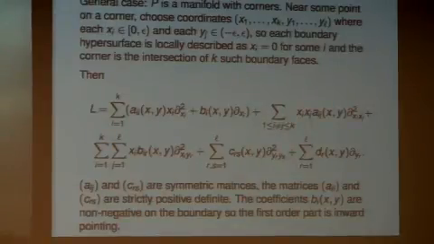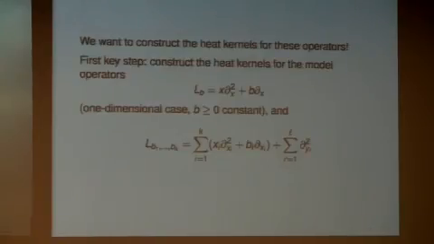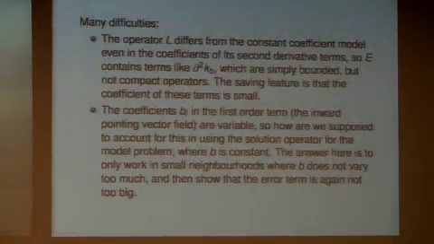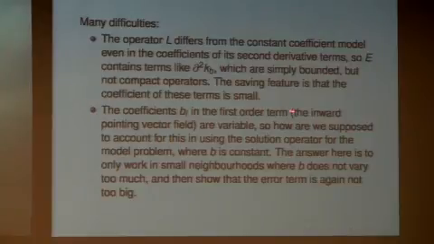So L minus the model L is a second order operator, sort of inextricably, at least in higher dimensions. Okay, so that's one problem: E is going to involve terms that involve second derivatives, maybe with some factors of x or maybe not, applied to the model heat kernel. And the point is that these typically are just bounded, ideally, but not necessarily small.